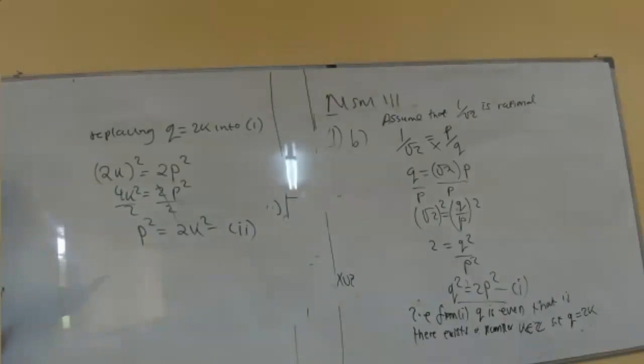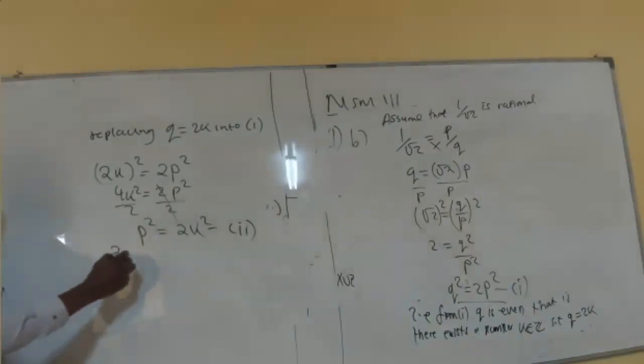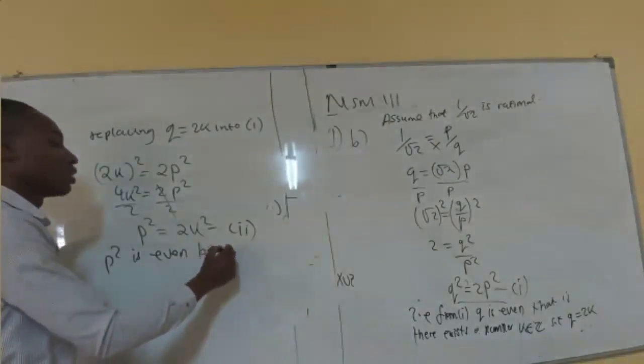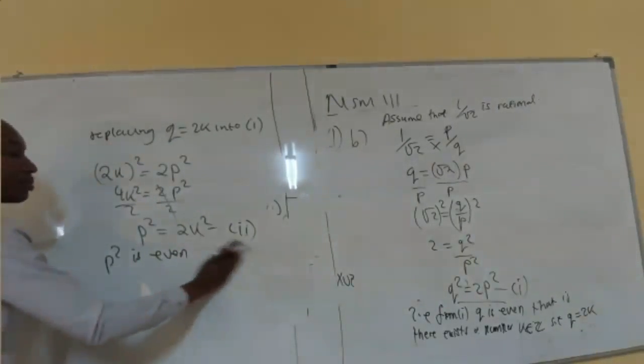So we're saying p squared is actually even because it's a multiple of 2, as it is a multiple of 2.